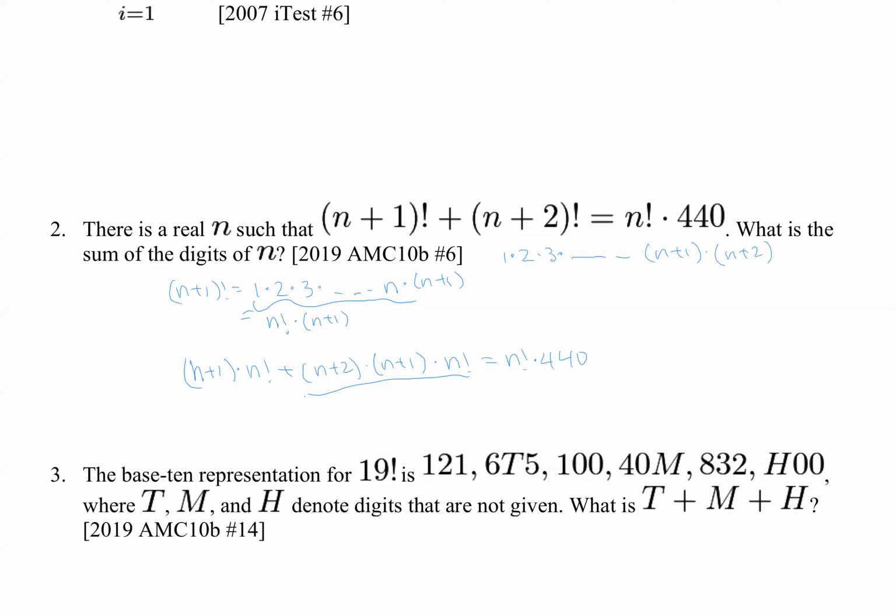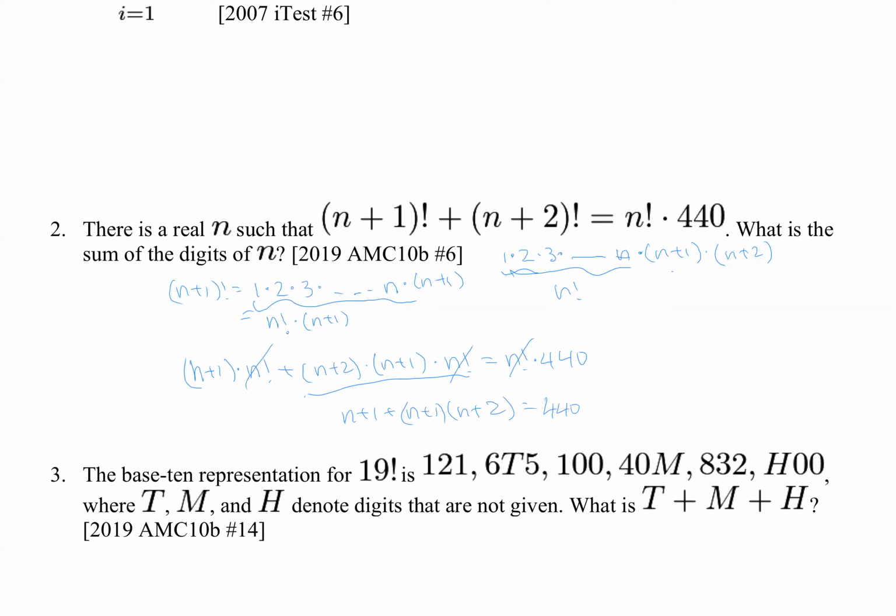Rewriting this, it's just n factorial times n plus 1 times n plus 2. Then factoring out the n factorial from both sides, we get n plus 1 plus n plus 1 times n plus 2 equals 440.